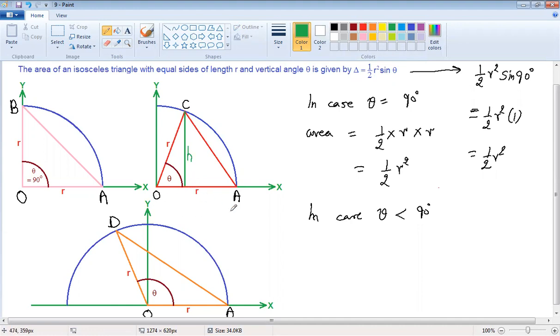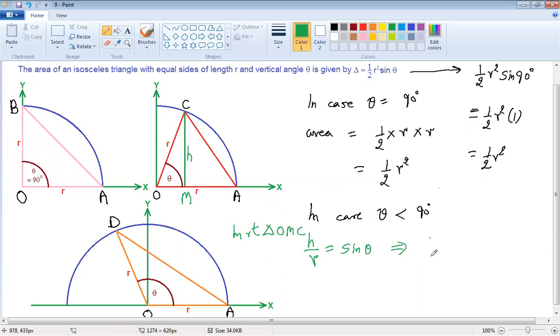We can say h divided by r in this triangle. Suppose this point is named as M. Then in right triangle OMC, h by r is equal to sine theta.